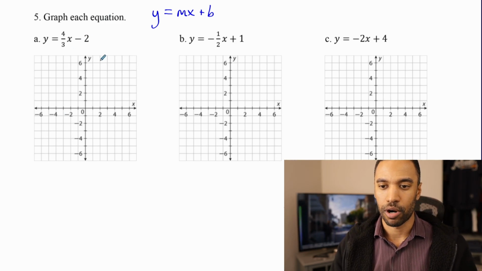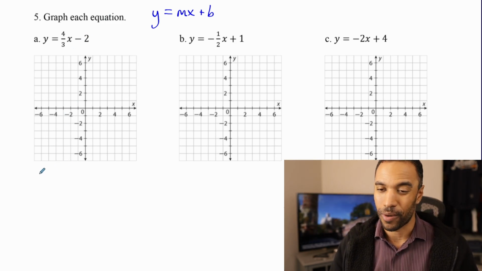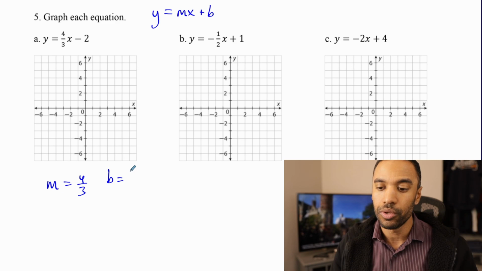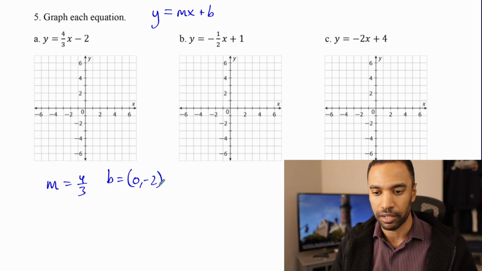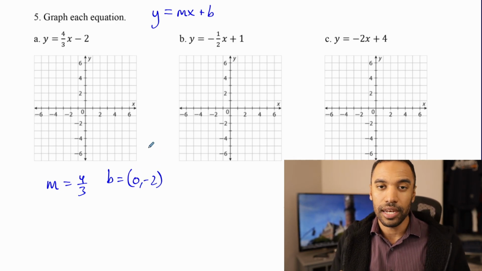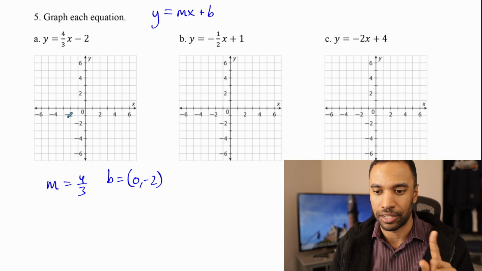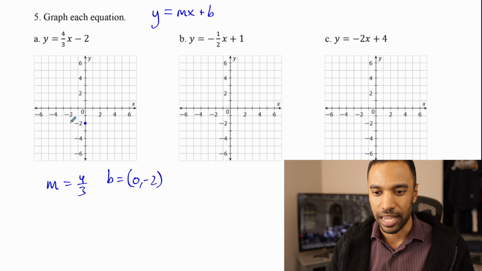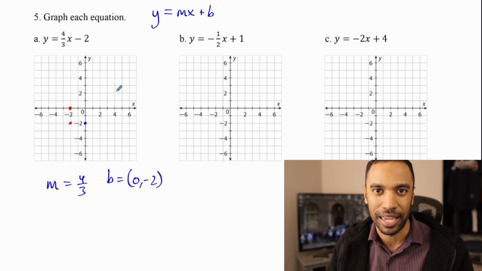In slope-intercept form, what you have always is a slope and a y-intercept. My slope in this case is 4/3, and my y-intercept in this case is -2, but specifically the point is (0, -2). Some people say, let's start at -2, and they do one of 3 things. Either the correct one, or the incorrect one, or the other incorrect one, where they think that both of them are -2.